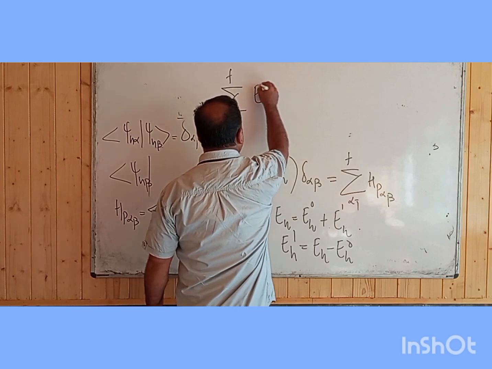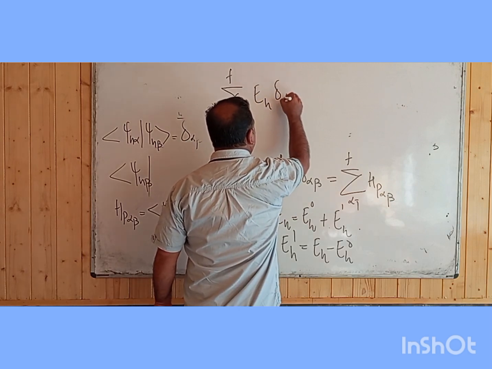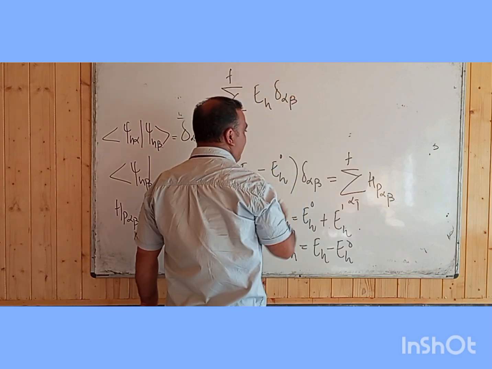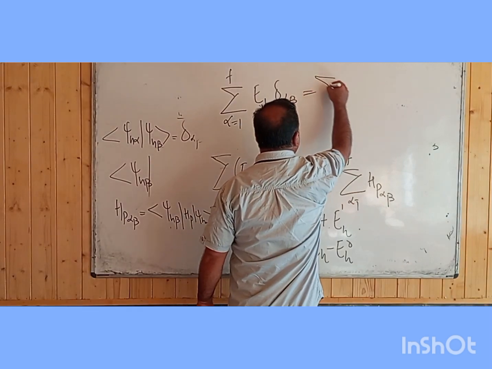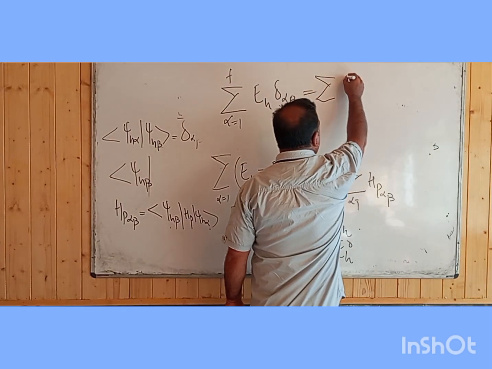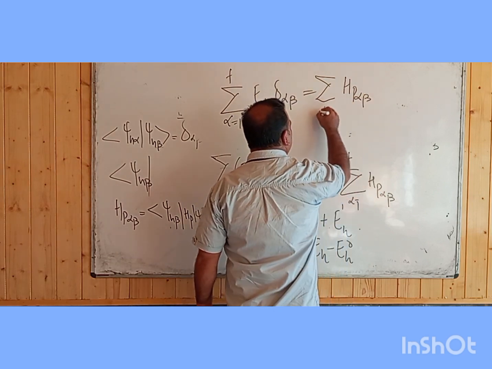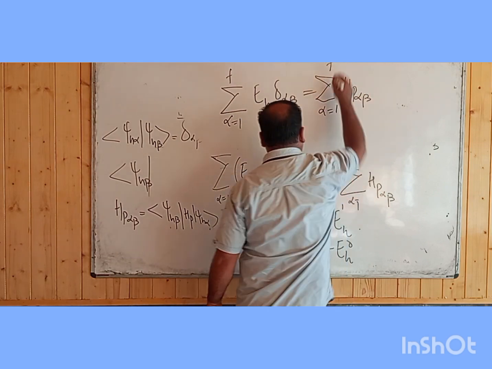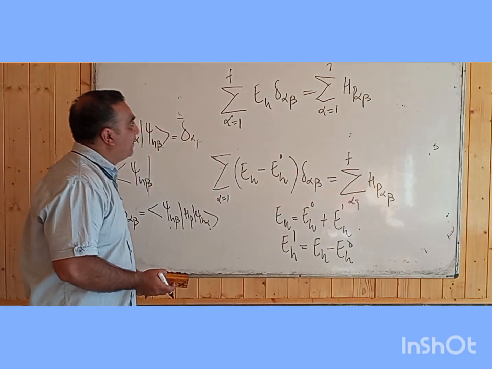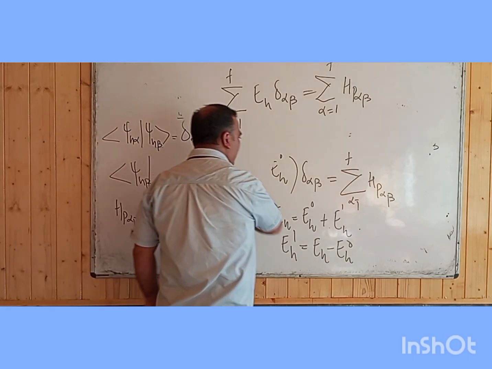So this is En1 delta alpha beta, equal to sigma HP alpha beta, where alpha runs from 1 to f. So I can stretch this equation now.